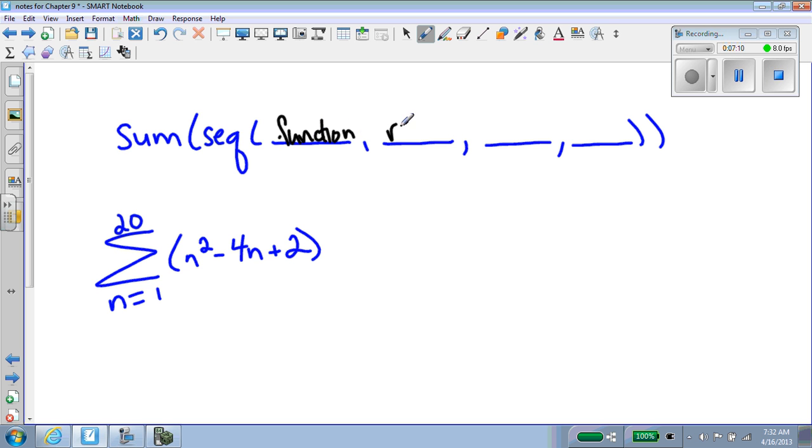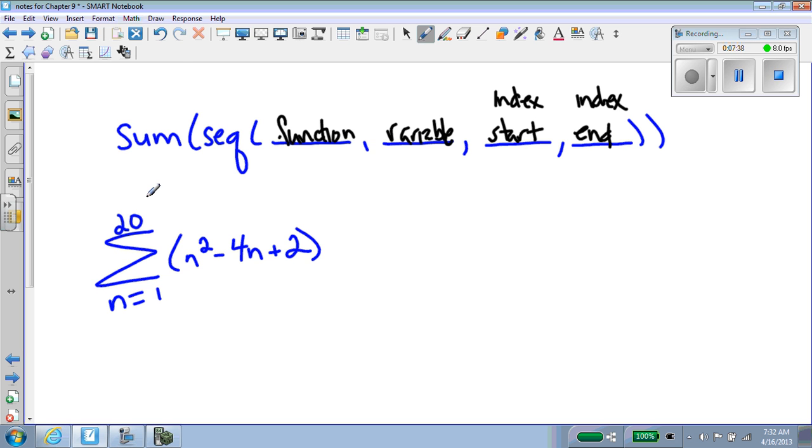What goes here is the variable. So if you choose to use n or j, I tend to use x so that my variable actually is x. And then here we write, where did the index start? In this case, it started at 1. But in some of our cases today, we started at 3 or 2, something else. And then where does the index end? In this case, it'll be 20.